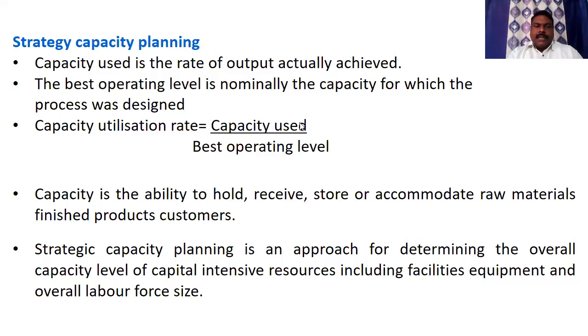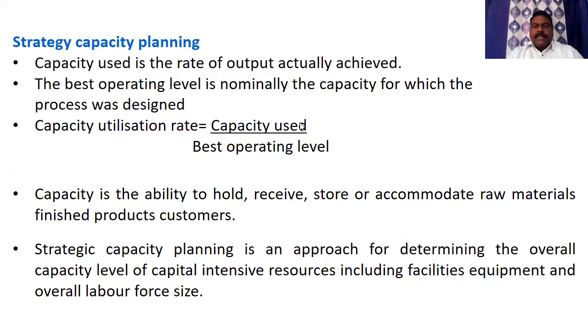Capacity utilization rate is calculated as capacity used divided by basic operating level, that is, the maximum output we can get at that level. Capacity is the ability to hold, receive, store, and accommodate raw materials, finished goods, products, and customers.